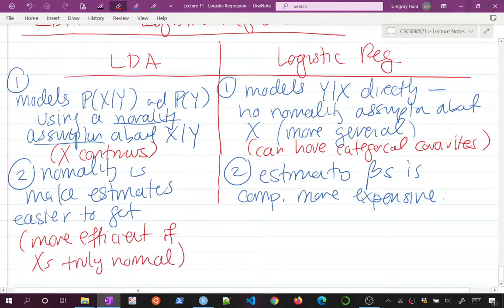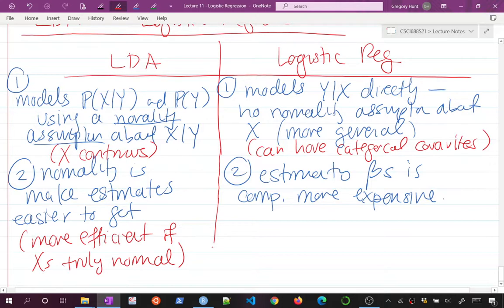So if you actually satisfy that normality assumption, the estimates and the classifier are actually going to be better for LDA. But if you think that really isn't true, you probably would want to go with logistic regression because it's going to give you more efficient estimates, although they're going to be computationally more expensive to get.